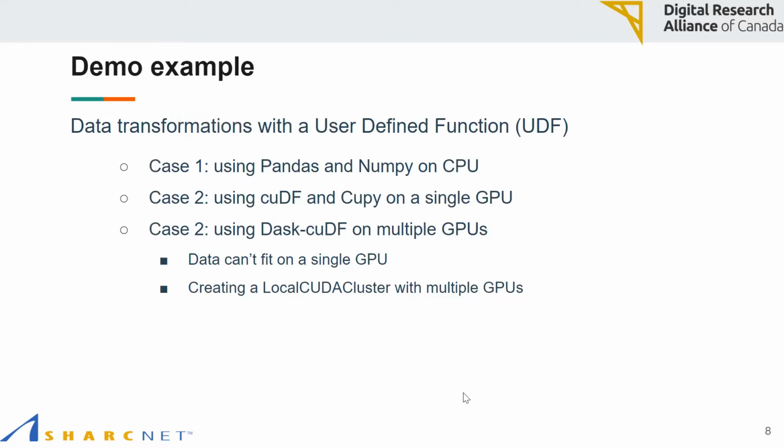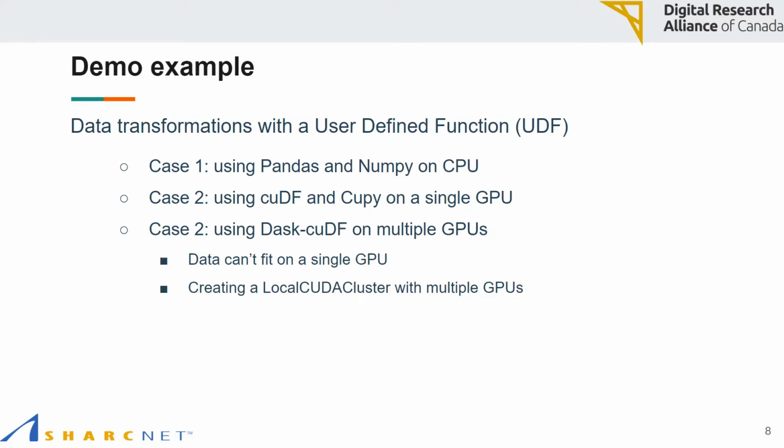So for the demo example, we are going to perform a simple and also very typical task in data analytics, applying a user-defined function for some data transformation. So we will compare 3 use cases. Case 1 is a general CPU-based solution, applying a user-defined function on data frame columns using NumPy and Pandas.